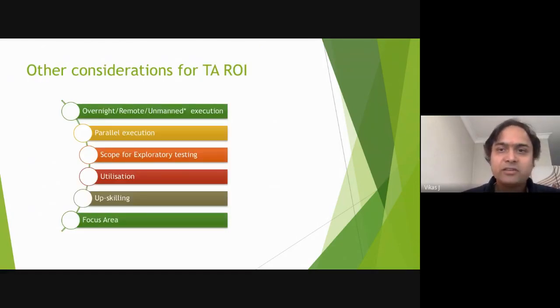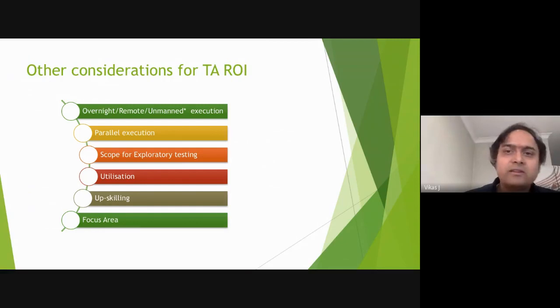Now, post implementation, you can think about certain execution aspects of test automation. Can we do overnight execution? It's a great value addition. It may not be directly monetary, but when everybody is sleeping, you can trigger this unmanned remote execution so that there's some benefit out of it.